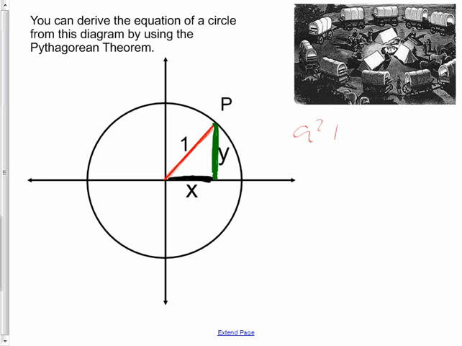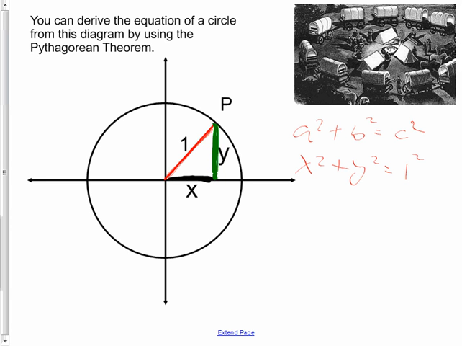Yes, a squared plus b squared equals c squared is the classic form of it. And in this case, it's what? x squared plus y squared equals radius squared, which is 1 squared. All right. And that right there is the equation, the parent equation for a circle.